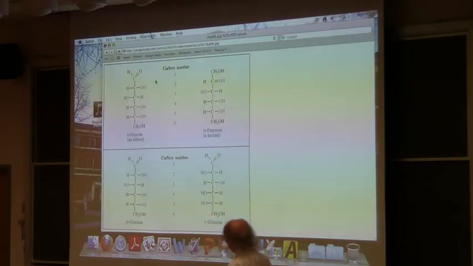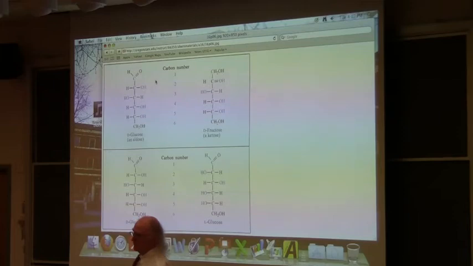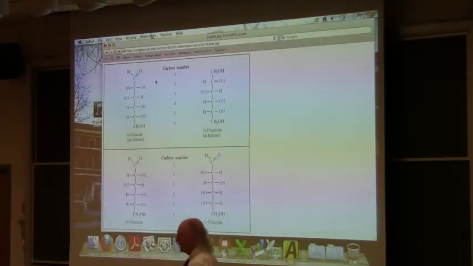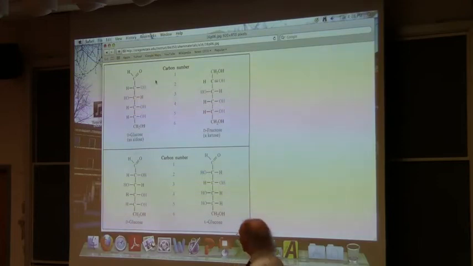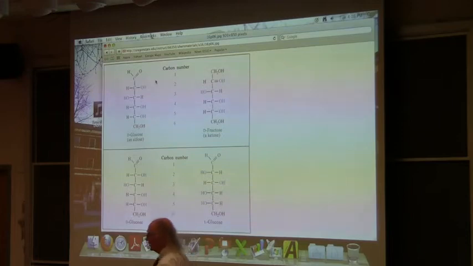The L configuration of glucose is the mirror image of D-glucose. That means all of the hydroxyls have to be flipped. This guy that was on the right goes to the left. This guy that was on the left goes to the right, right to left, right to left.